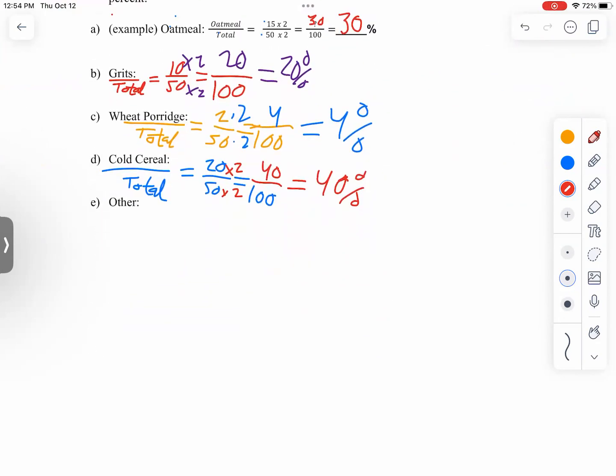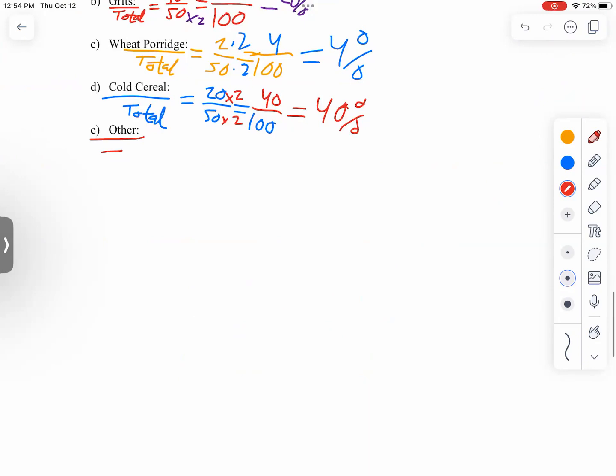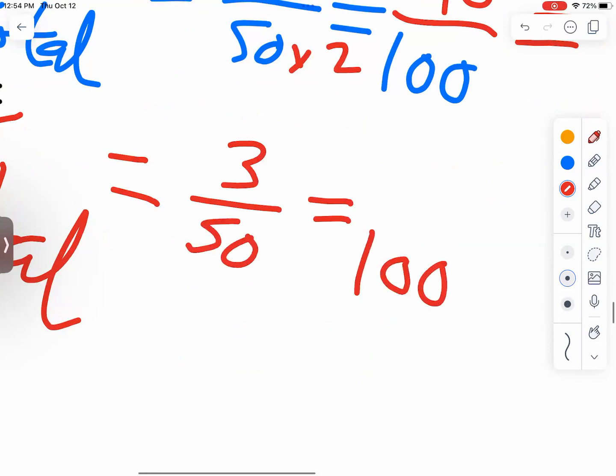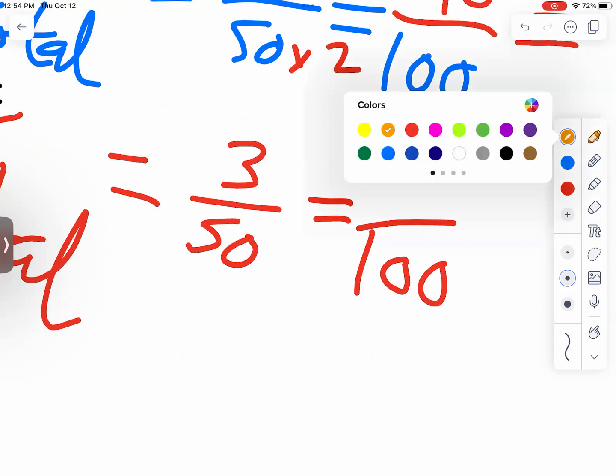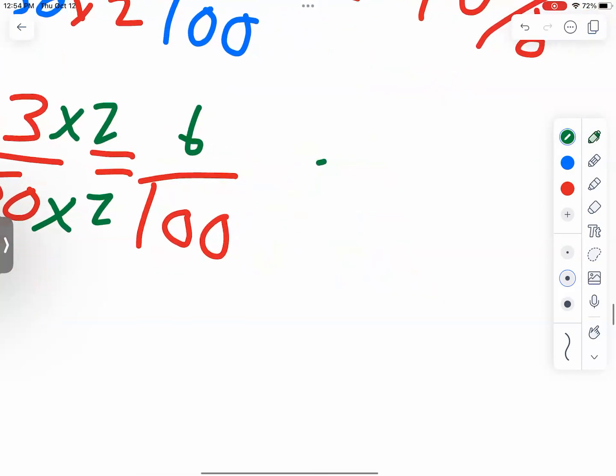And then the others are going to be 3 out of 50. And we just go to 100 here. That's going to be times 2. Times 2. And it's going to be 6 out of 100, which of course is 6%.